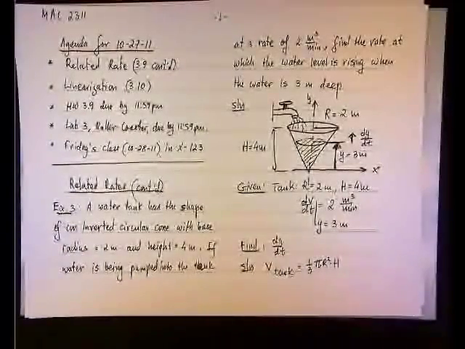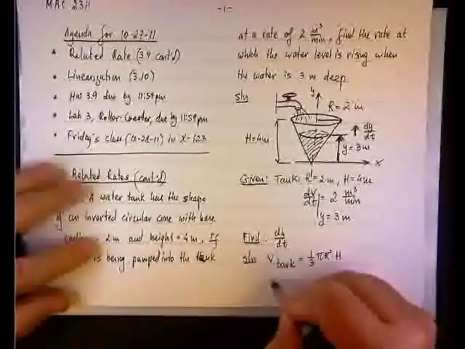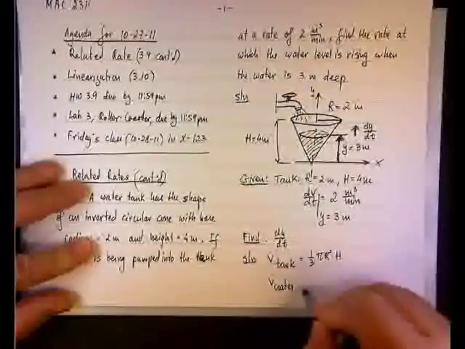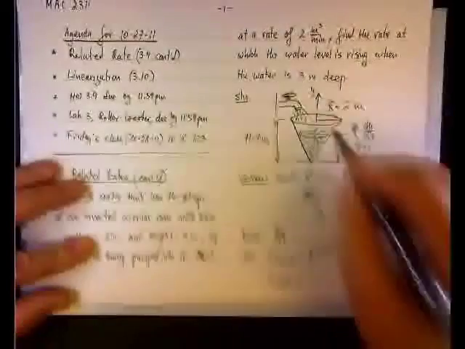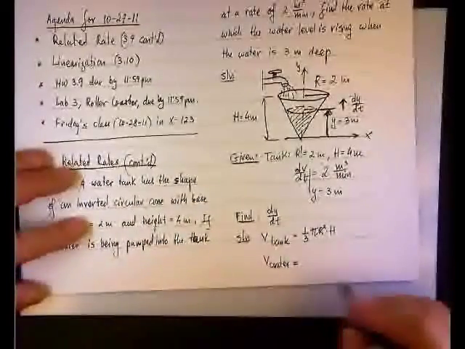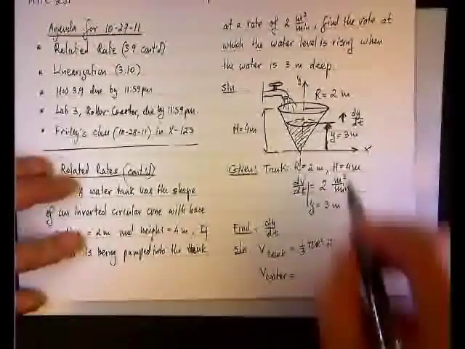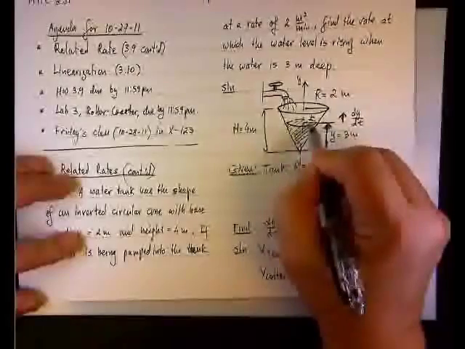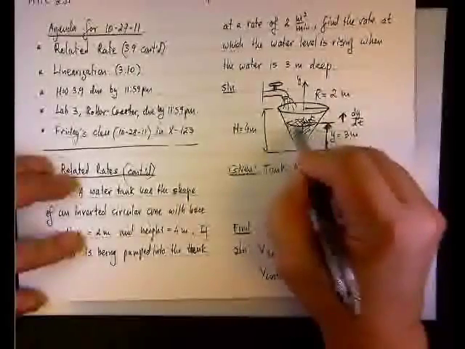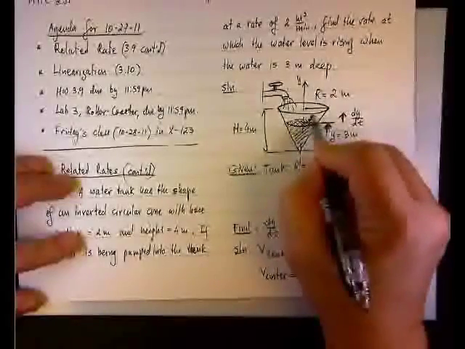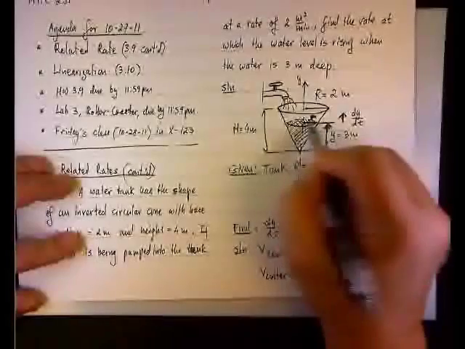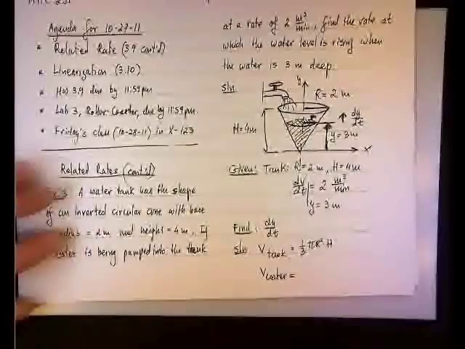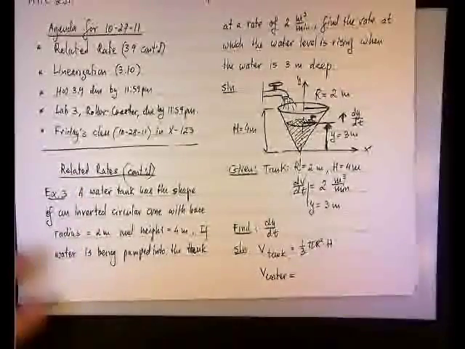Okay? Now, what about the volume of the water already in the tank? Well, that's another circular cone, except it's smaller, right? So that will be in terms of r and y, where r is the radius of this circle right there on the top. Uppercase R is the fixed radius, the radius of the container.